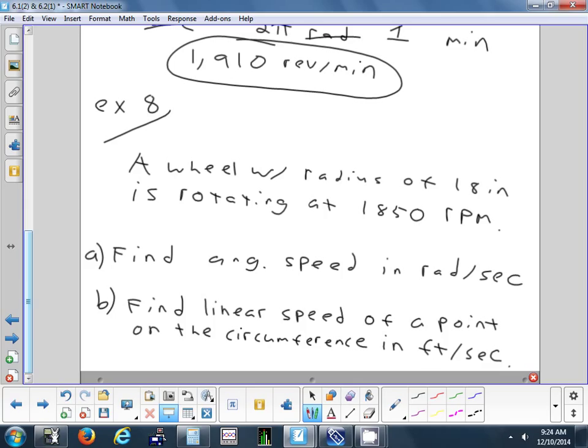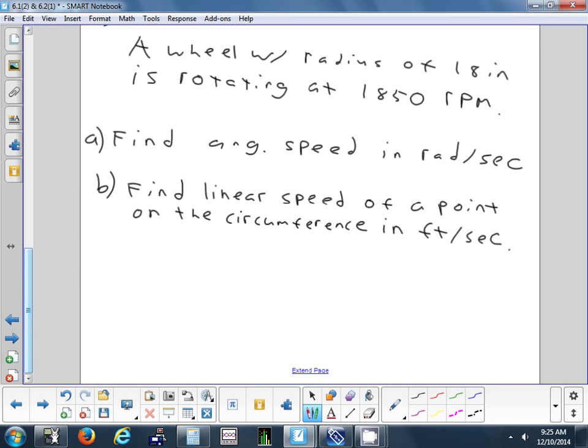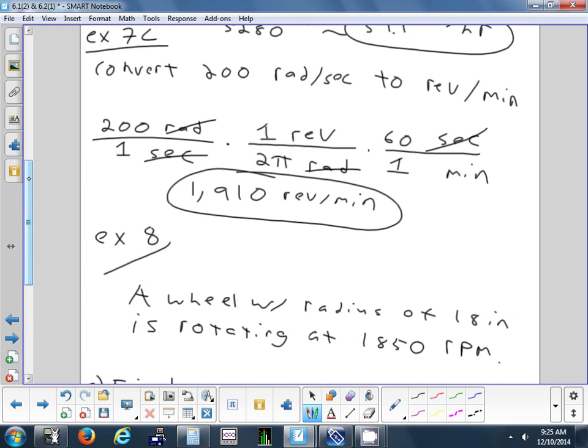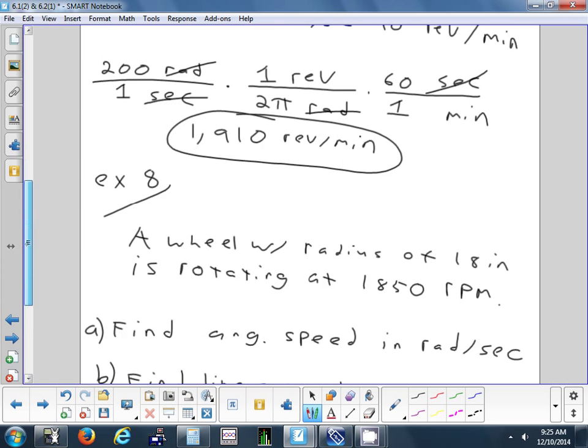Okay, let's start with part A. They're just asking us to find the angular speed in radians per second. It's very similar to the example we just did up above, except we're converting back to radians per second from revolutions per minute.